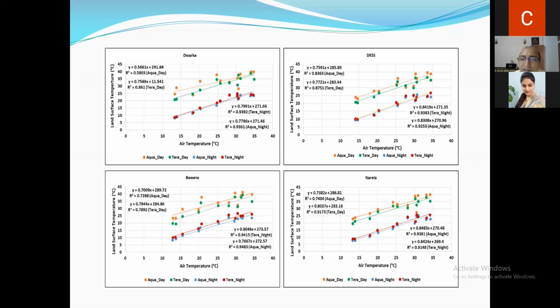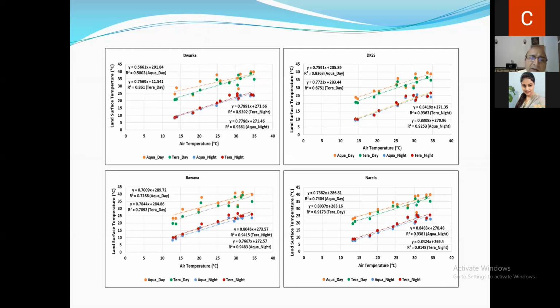So geographically, from the satellite data, we extracted the data where the meteorological stations are located, and from the ground station data, we extracted the data when the satellite overpass was taking place. So these data are co-located and co-temporal.